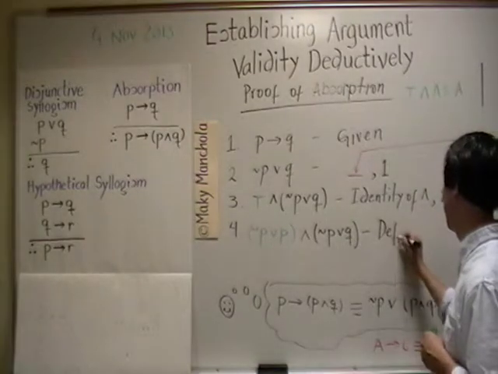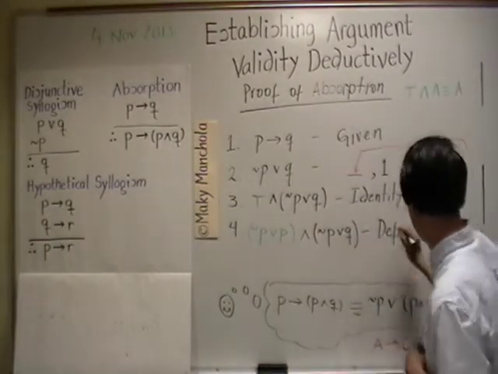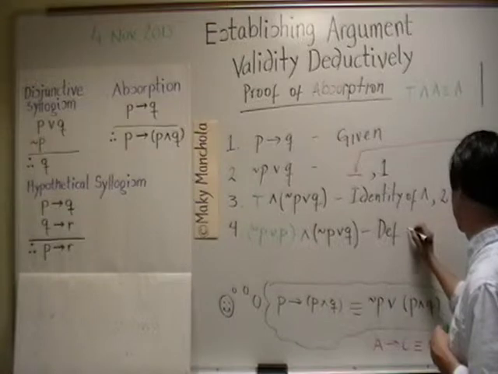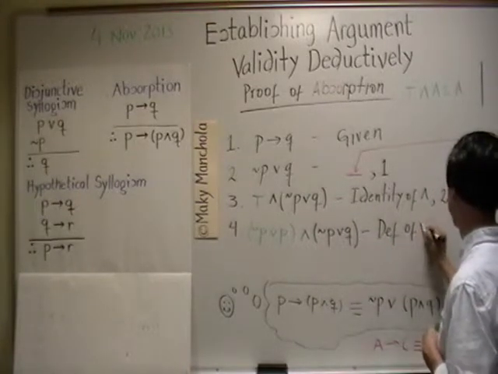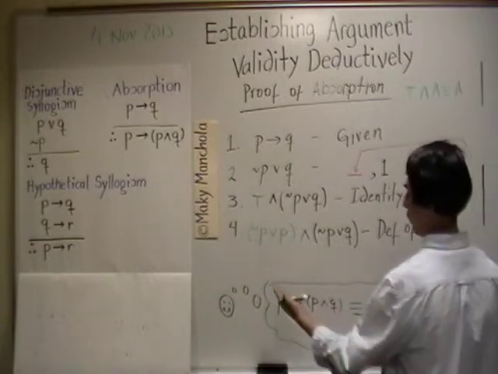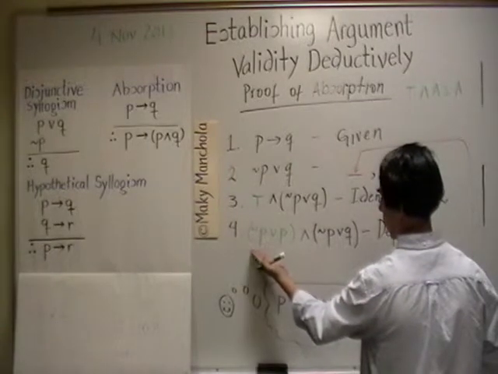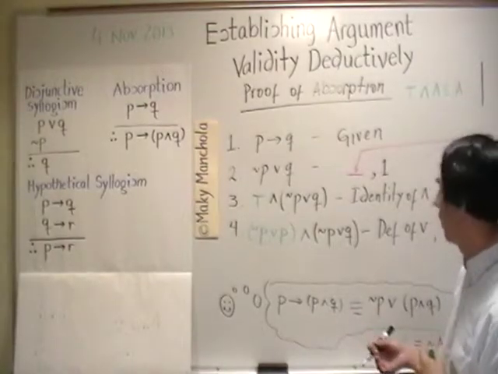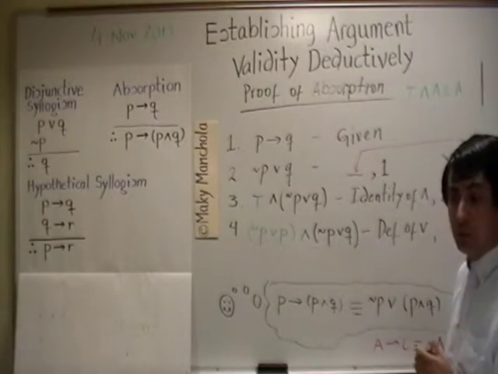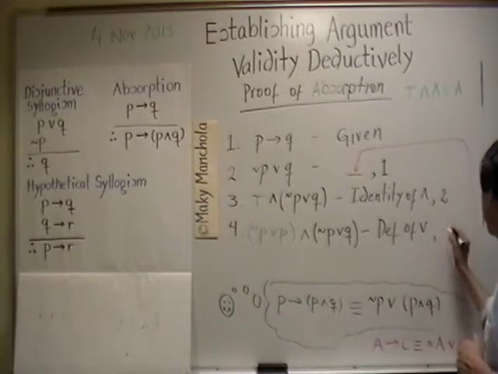There might be a better way of referring to it, but right now for the purposes of this presentation, we're going to say that it follows by definition of or. If you take two statements which are opposite in truth value, when you take their disjunction, you will get the truth value of true always.